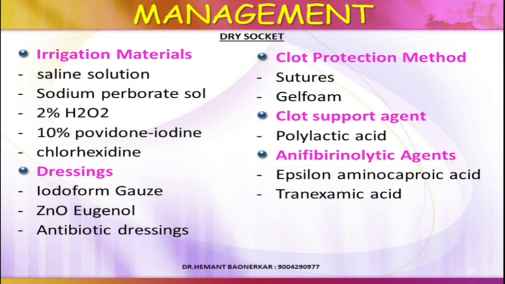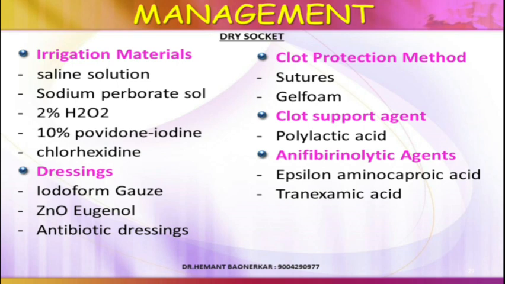Generally, I advise irrigation with saline solution, sodium perborate solution, hydrogen peroxide solution, 5 and 10% povidone iodine solution, and chlorhexidine solution. Generally, I avoid dressing, but you can give a dressing like iodoform gauze, ZOE eugenol block, and antibiotic dressing cotton pack.